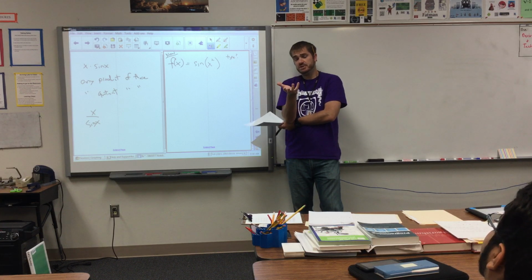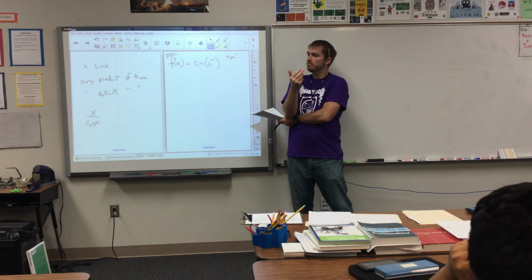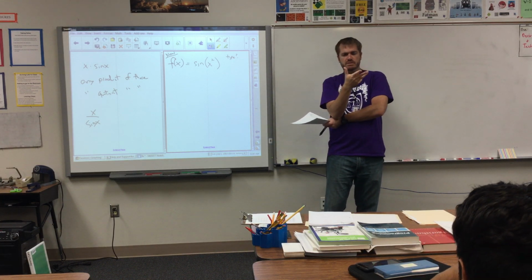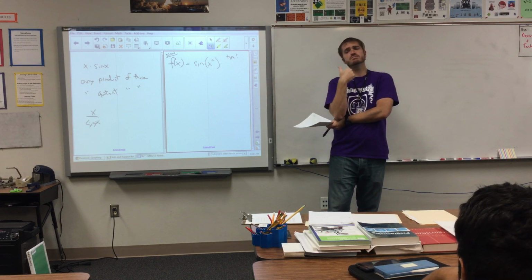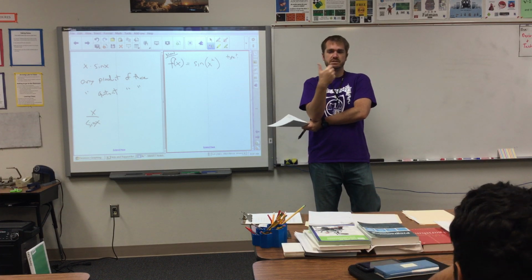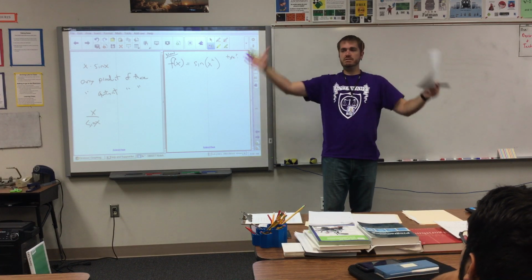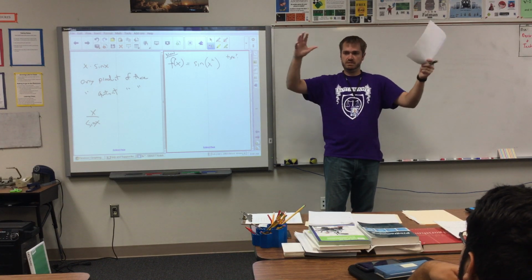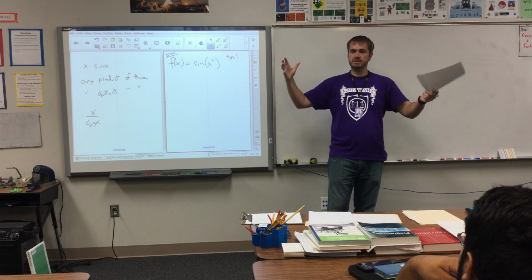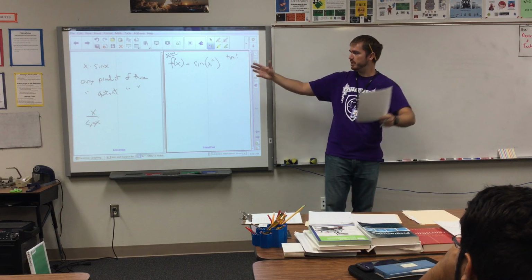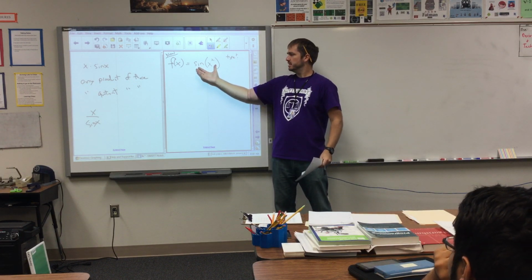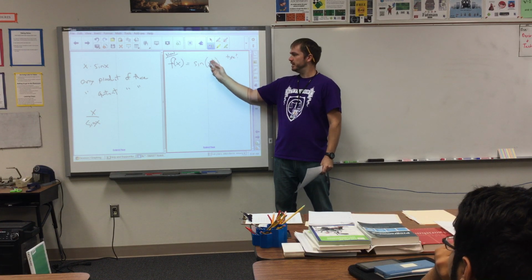Good guess, 50-50 chance. But if I were to argue this, I might say this is more a sine function than it is a quadratic function, because the sine function is on the outside. It's the outermost function. It's sort of like the one in charge, right? Now it is taking the output of the x squared.